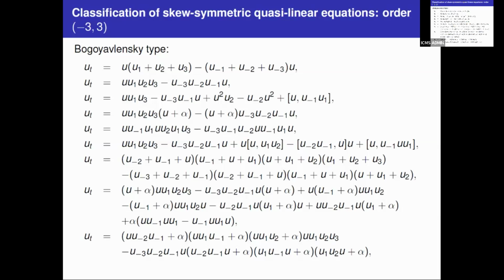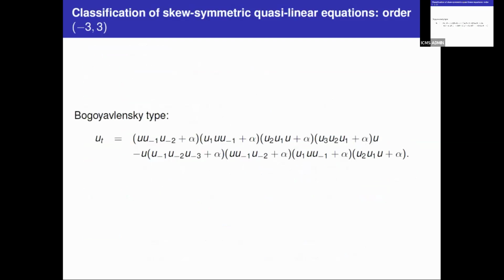So he wrote a Lax representation for this equation, but without parameter alpha. Alpha is not removable from this list. And finally, one more, the last one. So these are equations of order -1, 1, -2, 2, -3, 3.